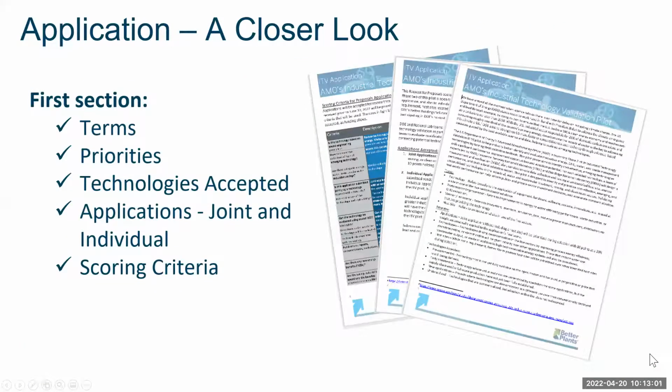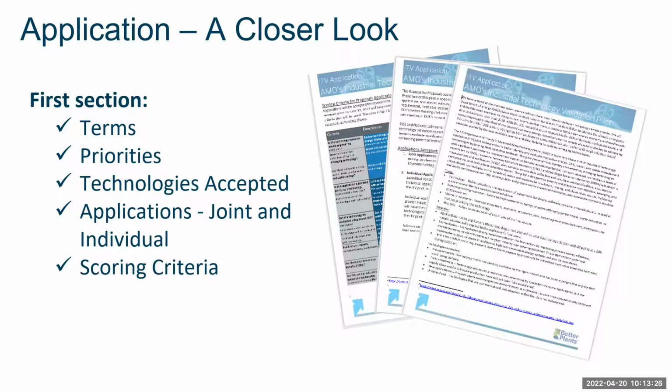Yeah, hi, everybody. I am going to first take a closer look at the request for proposal, and you can think of it more like an application. So the first part of the request for proposal is 4 pages, goes over terms, priorities, technologies accepted, and the scoring criteria.